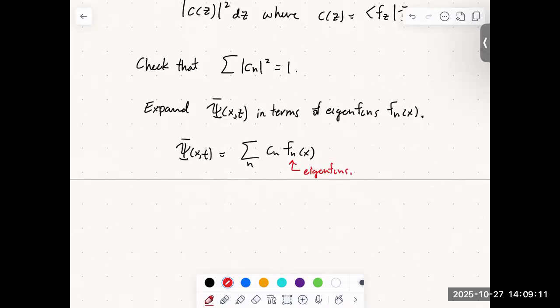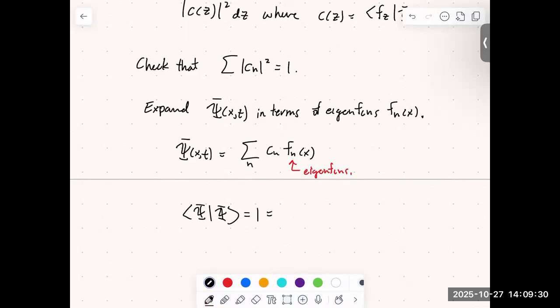Okay, so what we could do is take the inner product of our state with itself. If the state is normalized, that inner product has to be equal to 1.